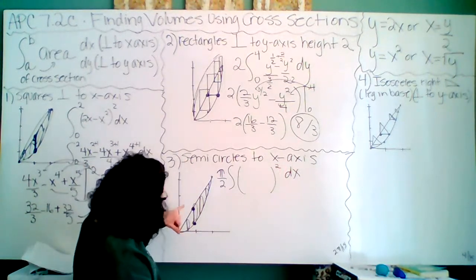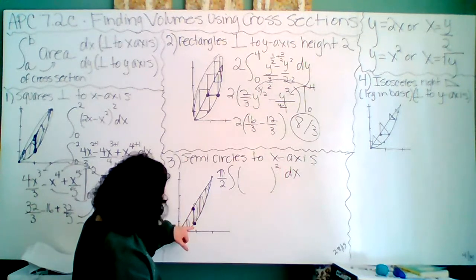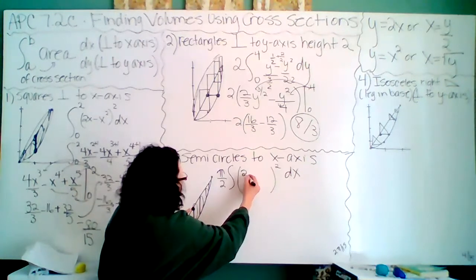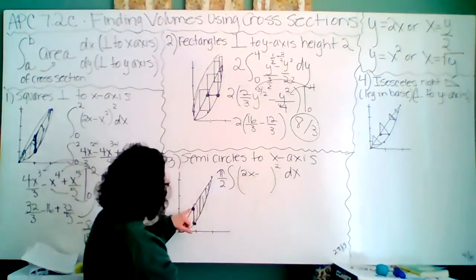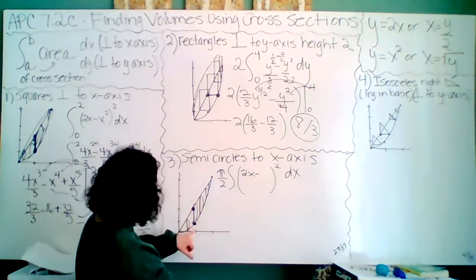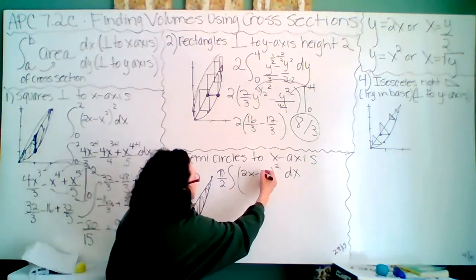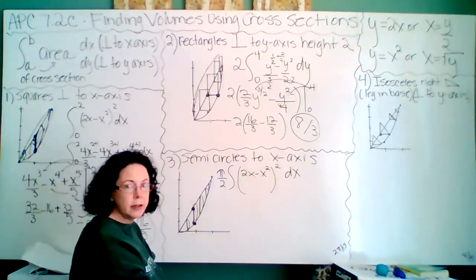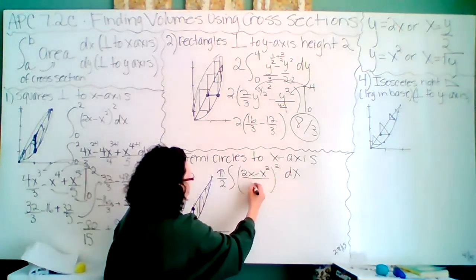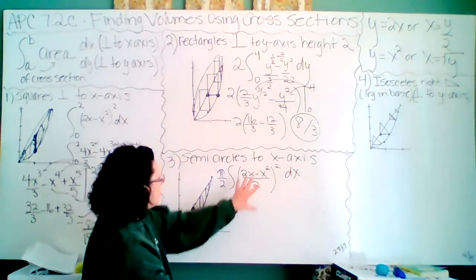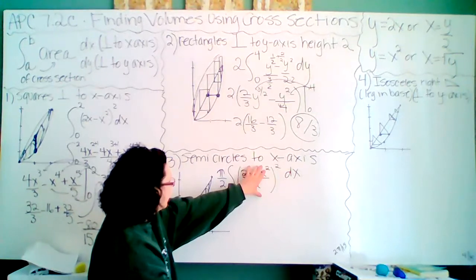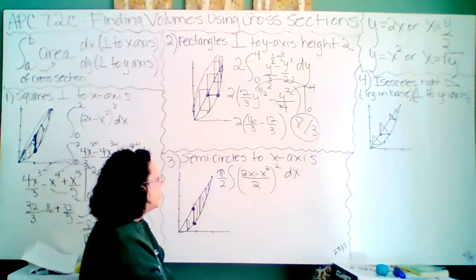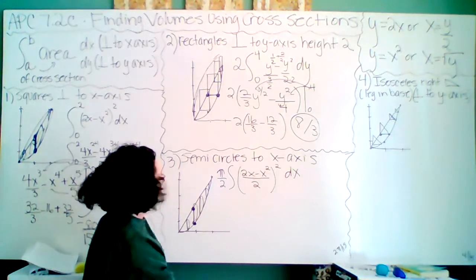So that would be upper minus lower, so we have 2x minus x squared. There's the diameter. We're going to divide that by 2. So the radius is here, and it's being squared.